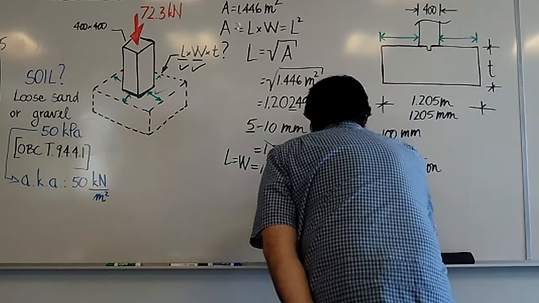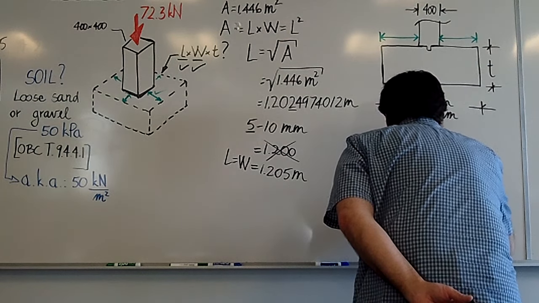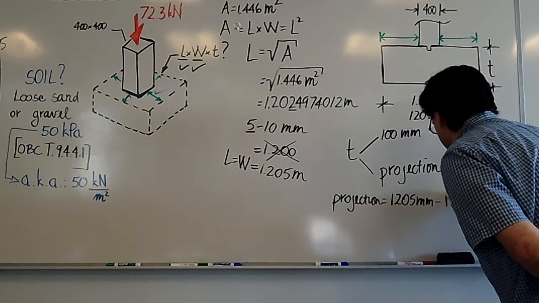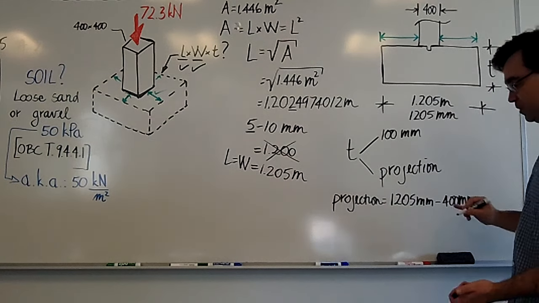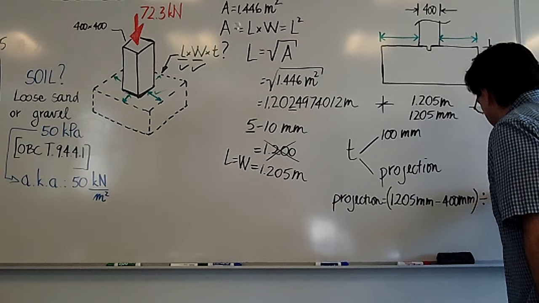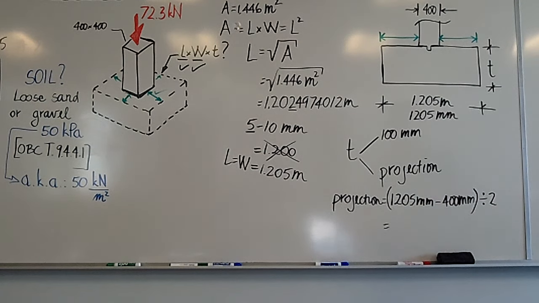Projection is, in our case, 1,205 millimeters minus 400 millimeters, and then whatever this answer is, we divide by 2. Like that. So when we do that calculation, what do we get?